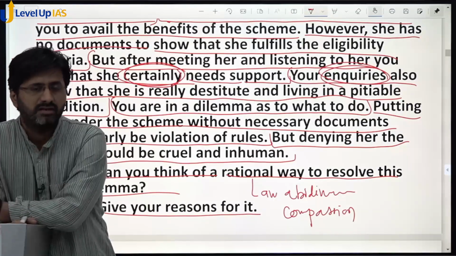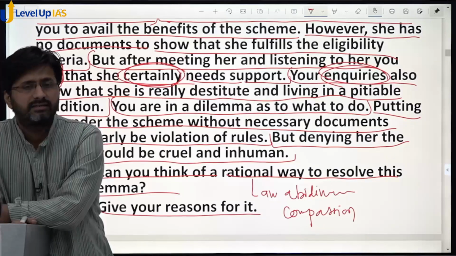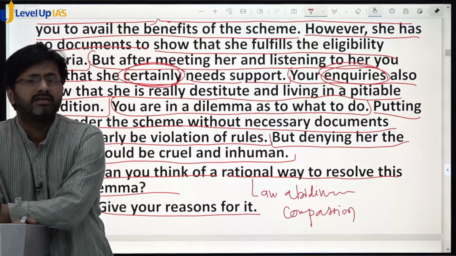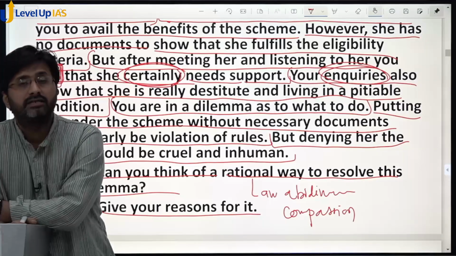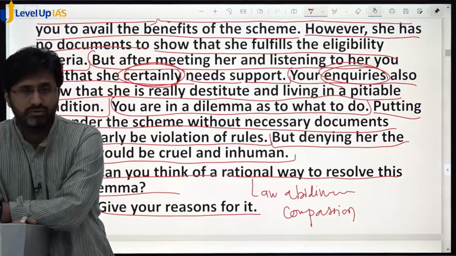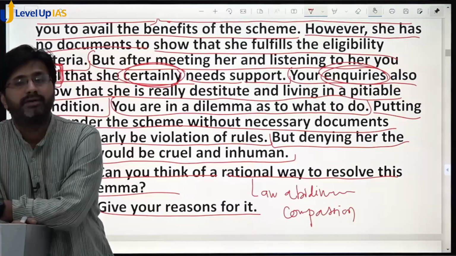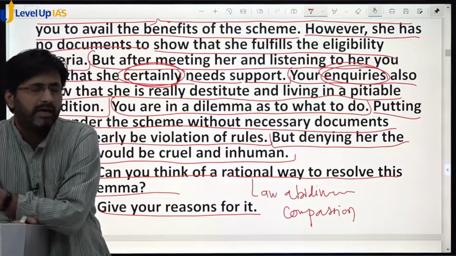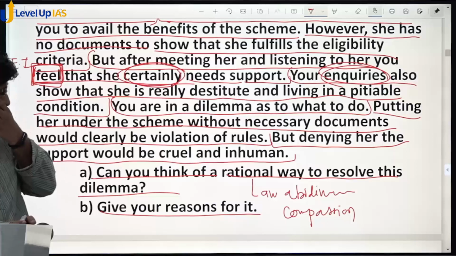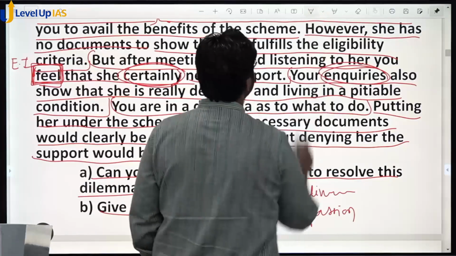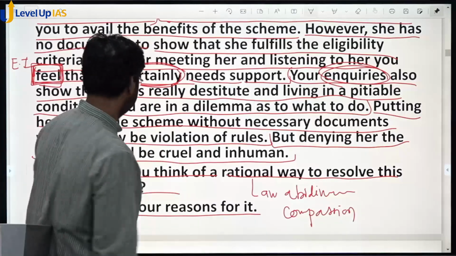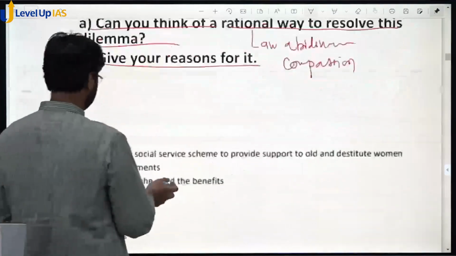Please try to understand, this is exactly what the dilemma is: either you go with the procedure or you go with the spirit, because the spirit is helping the needy, but she doesn't have documents. Now, is there any rational way of resolving this? This is the question. How would you resolve it?